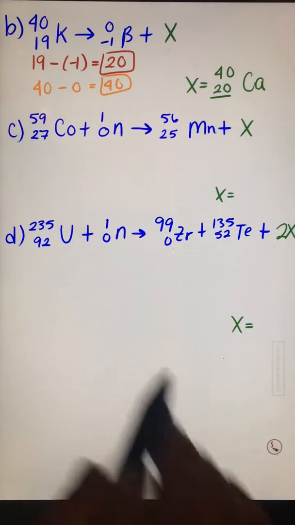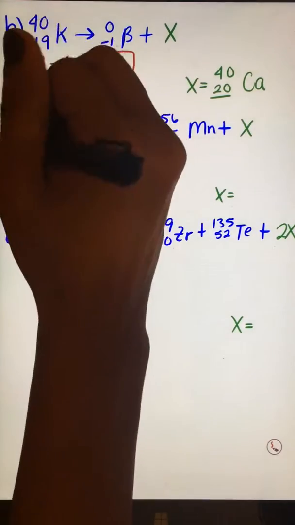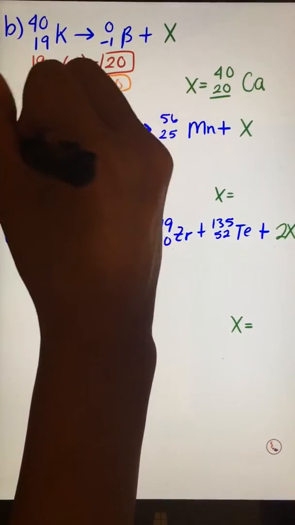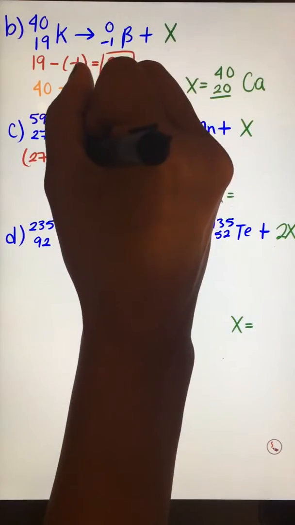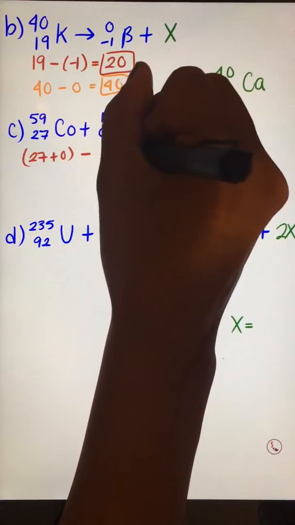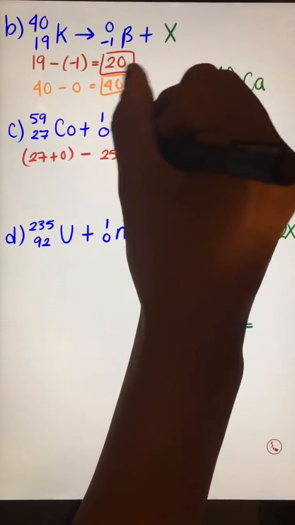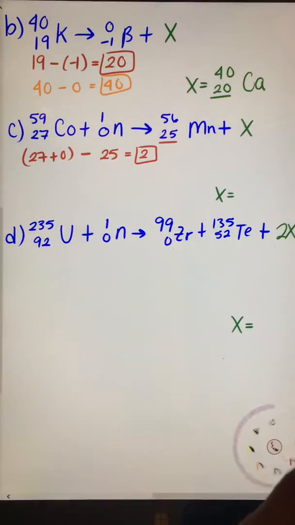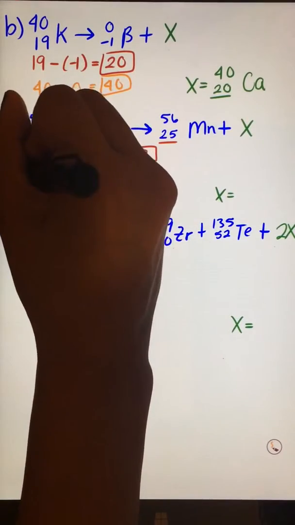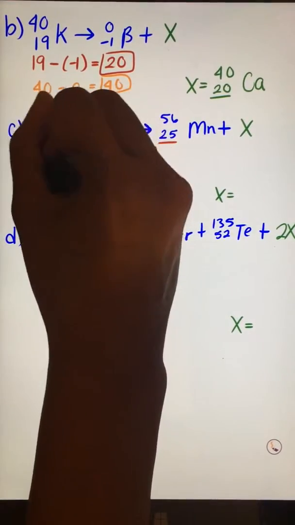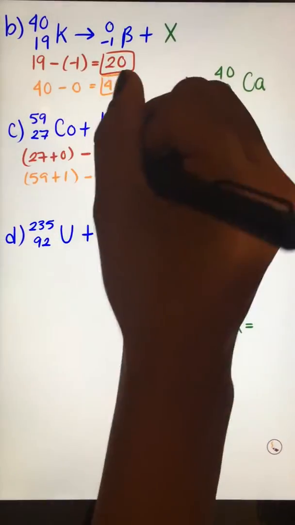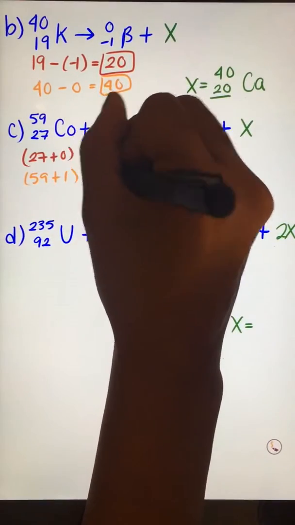So let's start off with protons. We have 27 plus 0 on the reactant side. Subtract 25 on the product side, and you get 2. Now for the nuclear mass, you have 59 plus 1 on the reactants, and you subtract 56.